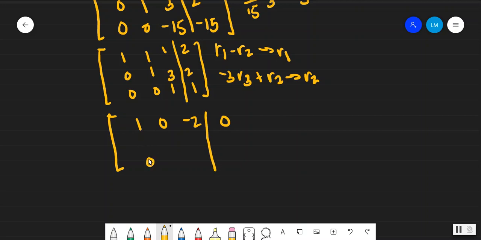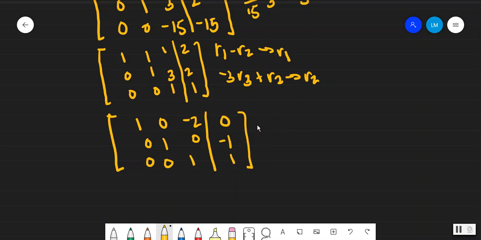This is going to be 0, 0, 1, 1, but then we have 0, 1, 0, and then followed by negative 1.